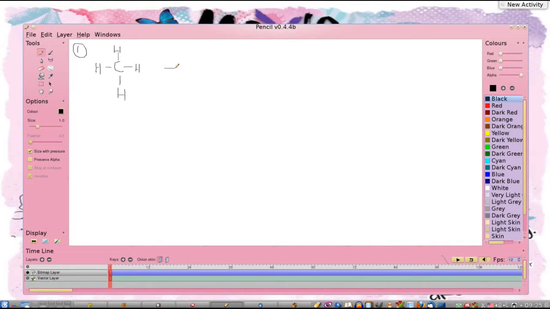And this lets us write our basic chemical structure. There's only one C, and there's 1, 2, 3, 4 H's. So the basic chemical formula is CH4. And that's methane.